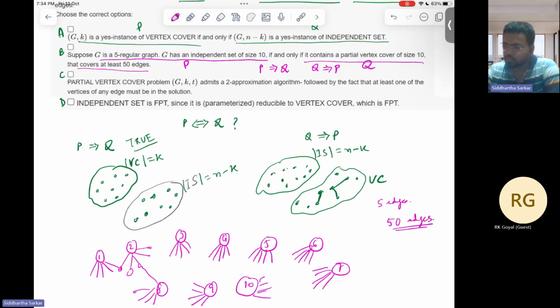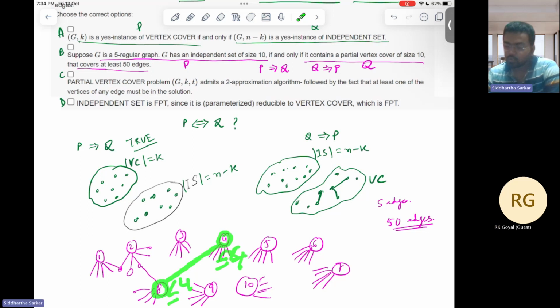Now, again, consider that these vertices are numbered 1, 2, 3, 4, 5, 6, 7, 8, 9, 10. Now, if there is an edge between any pair of these 10 vertices, then what will happen? One edge will be commonly covered by these two vertices. So the number of edges covered by each of them will be at most 4.